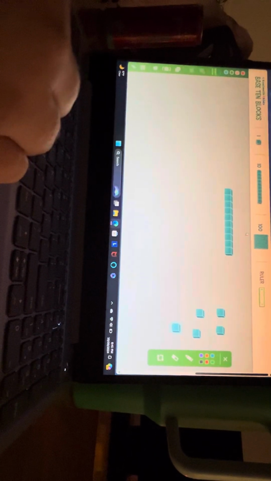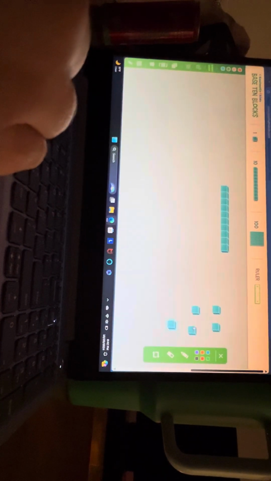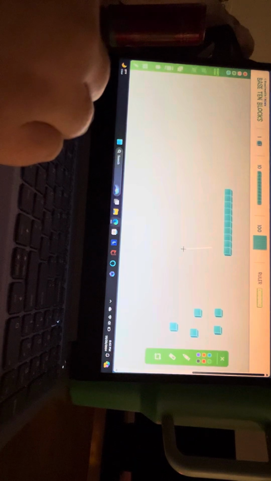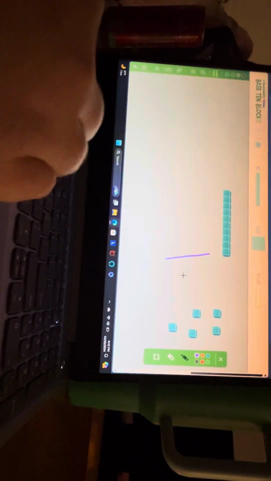So we're counting, we have 10. And then on our 1s, we have 1, 2, 3, 4, 5. So if we count it all together, we have 10, 11, 12, 13, 14, 15. So the number we have is 15 altogether.